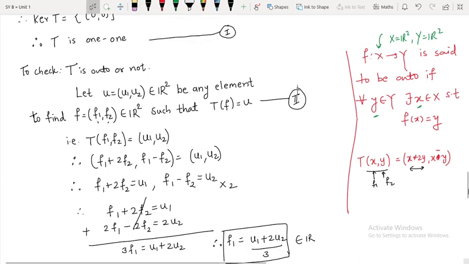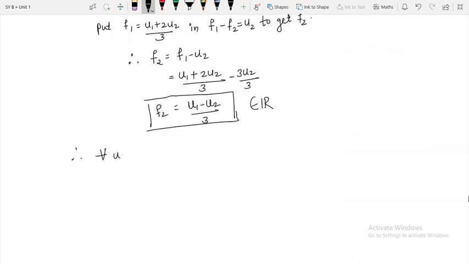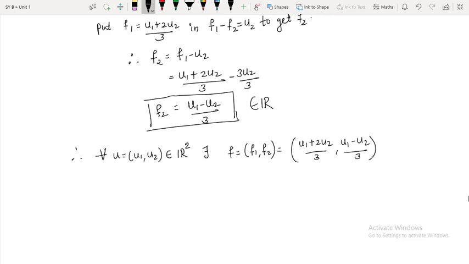So therefore we will say for all u is equal to u1, u2 belonging to R2, there exists f is equal to f1 comma f2, which is further equal to what? f1 is u1 plus 2u2 upon 3 comma f2 is u1 minus u2 upon 3 belonging to R2, such that T of f is equal to u, and therefore T is onto.